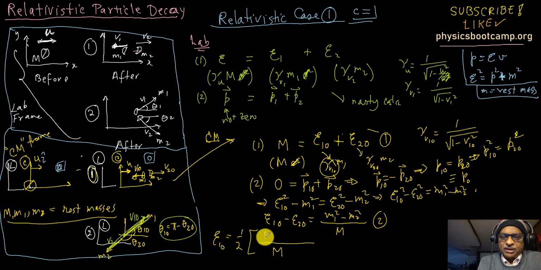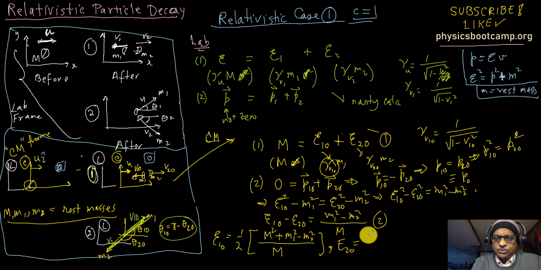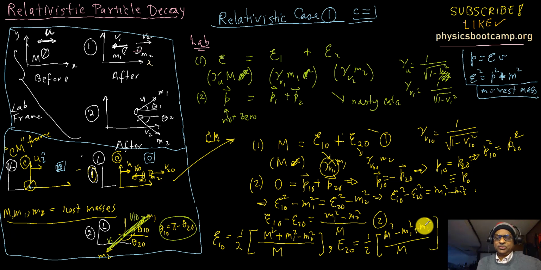Like so, I'll have M plus (M1 squared minus M2 squared) over M. And E20 equals (M squared minus M1 squared plus M2 squared) over M. So now we got the energies, and from these energies we can clearly get P1 and P2.